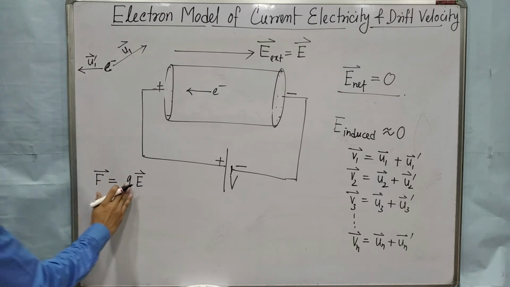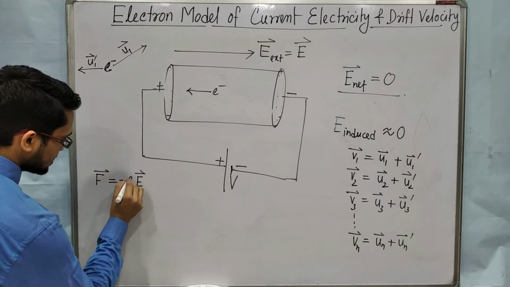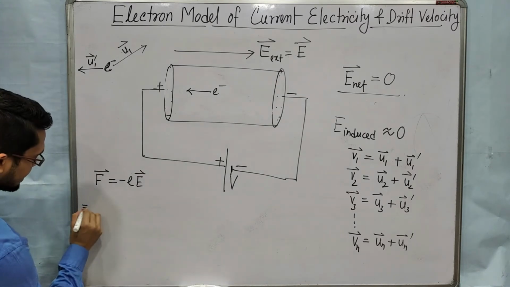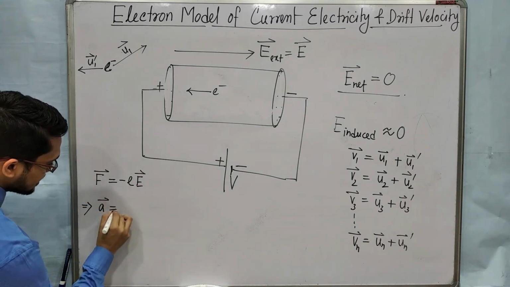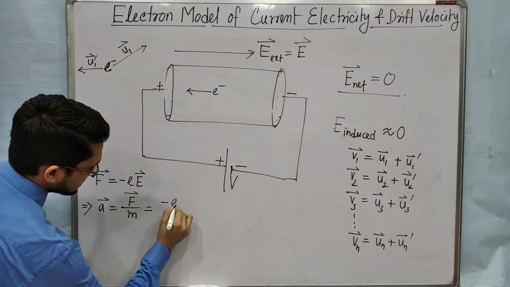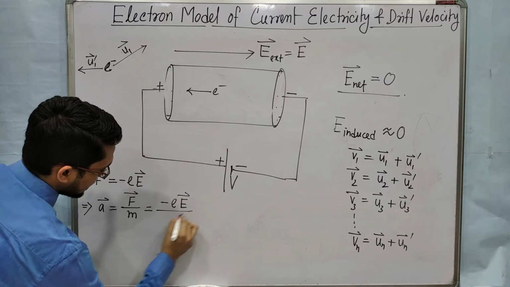Here the charge is an electron, so it will be minus e times the electric field vector E, and acceleration is force by mass, so minus eE by m.